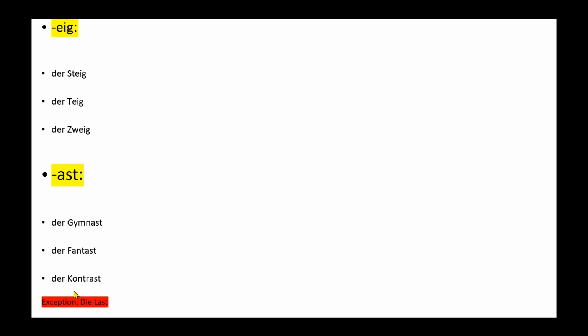You only have to remember these exceptions. The Last, it has AST, but it falls under the feminine article. So if you learn these exceptions, you will automatically know that other words ending with these endings generally fall under the masculine article, but only "die Last" falls under the feminine article because they have "die", not "der". Okay.